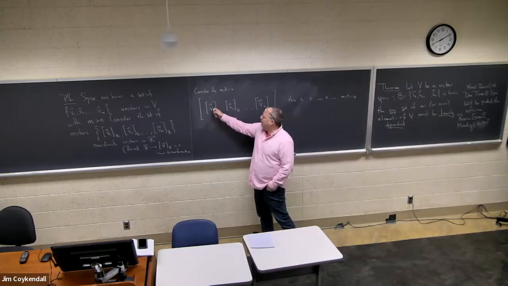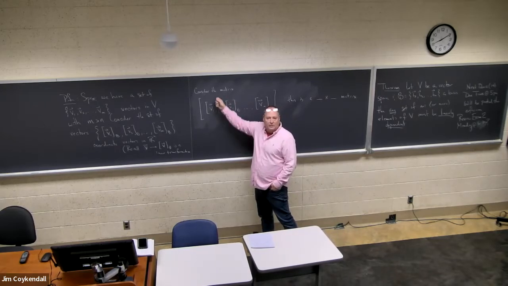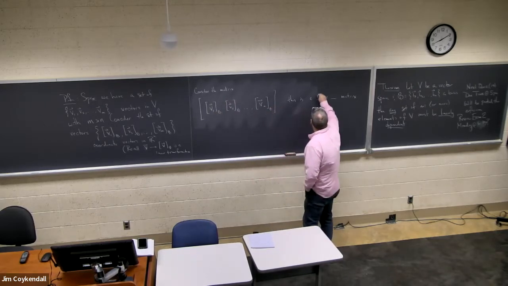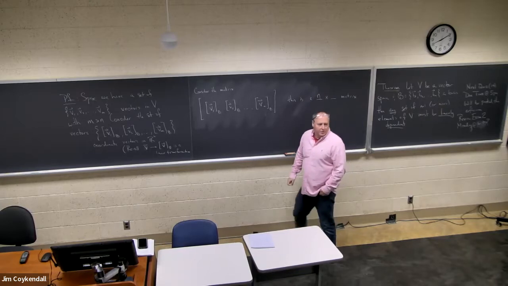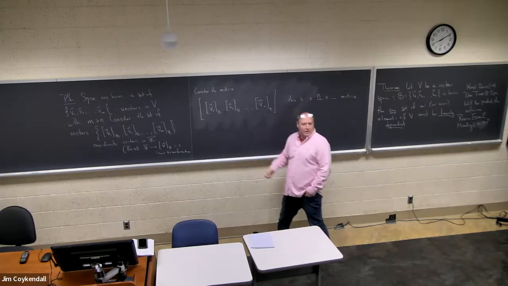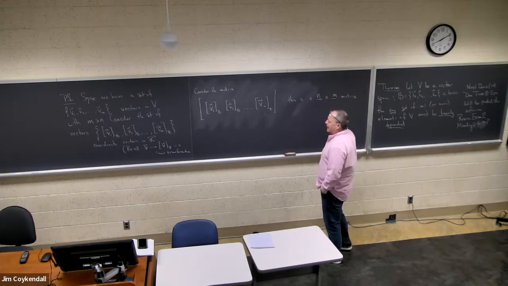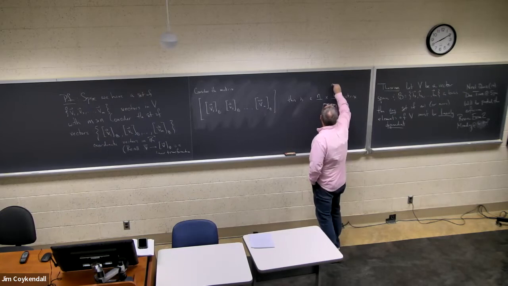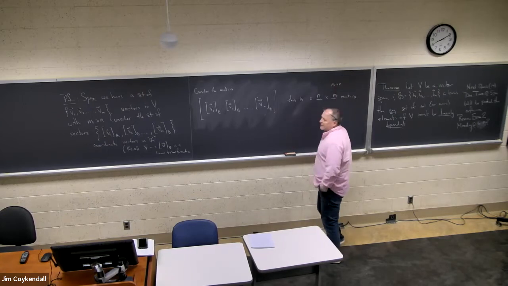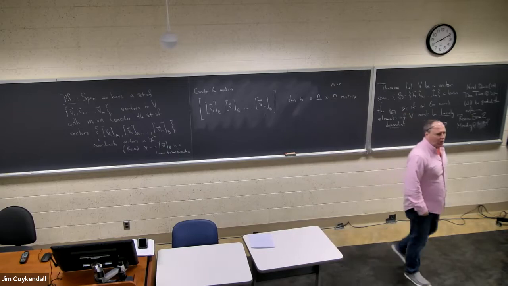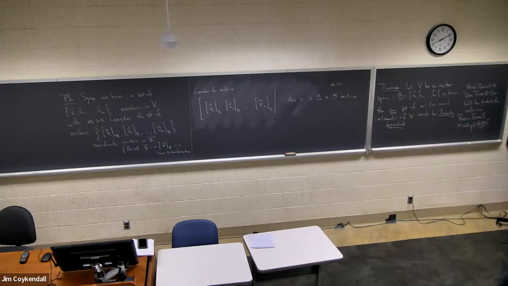We've got n rows because each of these things has n coordinates in it. And how many columns? Well, I can just count across here. And notice that we have an n by m matrix, and m is bigger than n. That is to say, I've got more columns than I have rows.